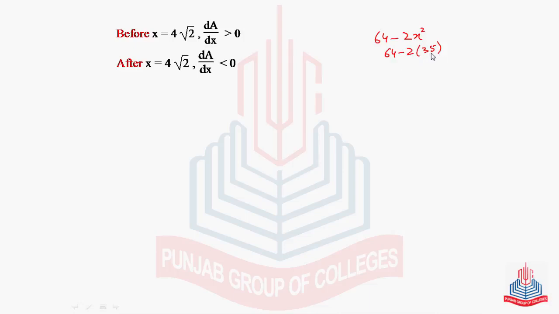So that's why after x equal to 4 square root 2 we get dA by dx less than 0.